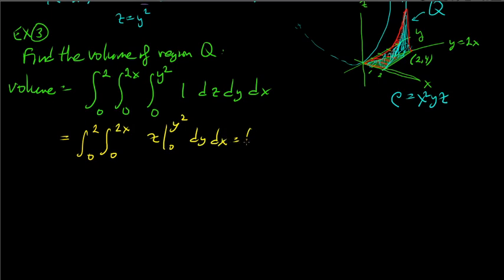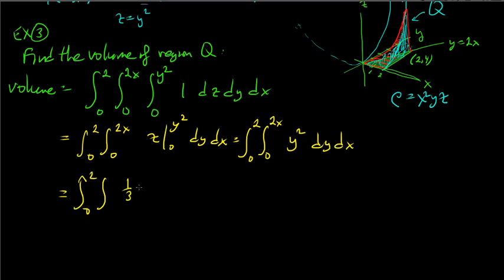So that's just going to be the double integral, first from 0 to 2, then from 0 to 2x, of y squared.